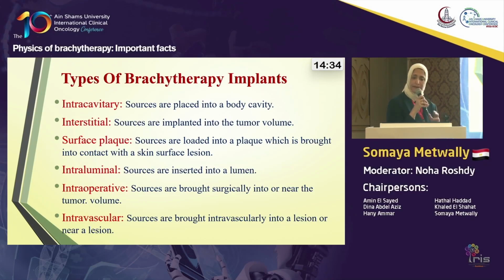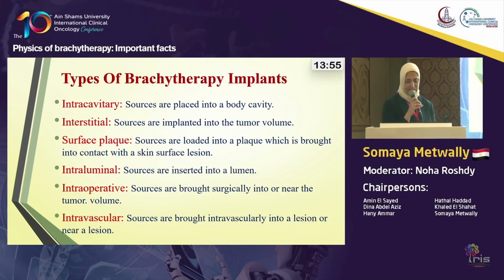Types of brachytherapy implant: we have 6 types. Intracavitary, in which sources are placed into a body cavity. Interstitial, which means sources are implanted into the target itself. Surface plaque, in which the source is loaded into a plaque that is brought into contact with the skin surface; this is a very famous type, especially in retinoblastoma.